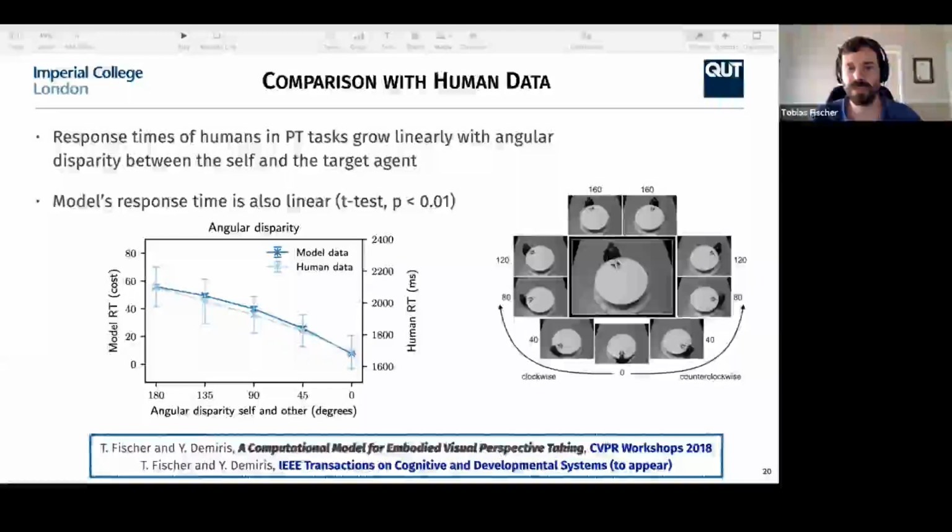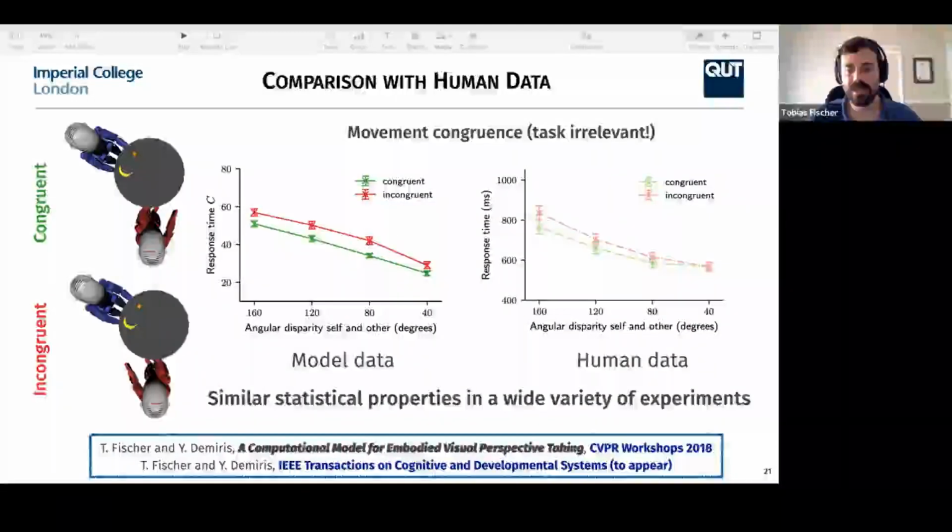It's getting more interesting here, where we can now have those congruent and incongruent postures of the robot. Congruent means, if you look at the top left, that the head is rotated to the left and the target robot is to the left.